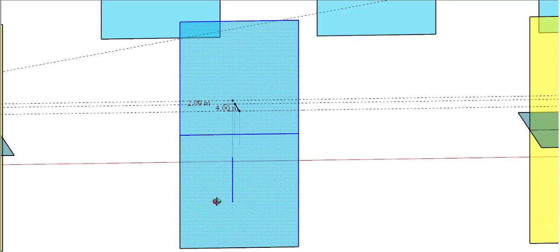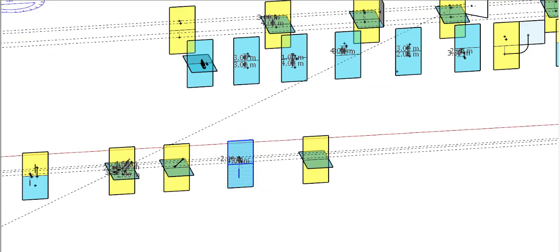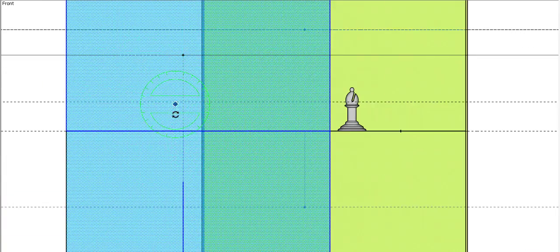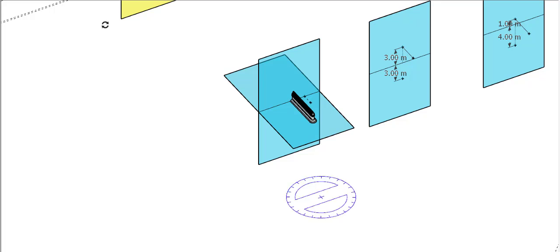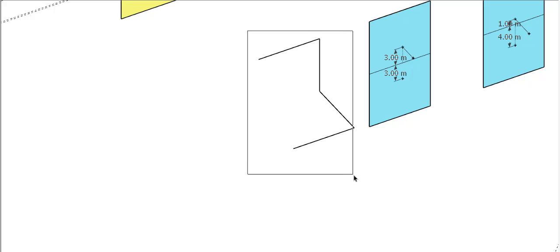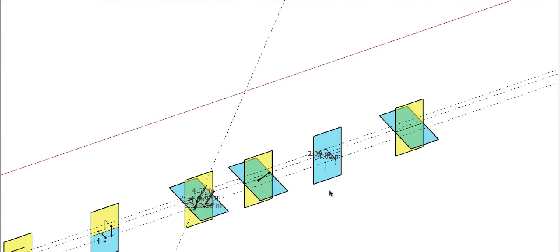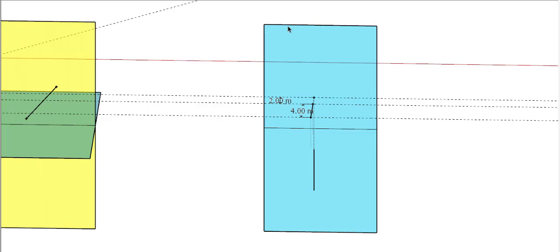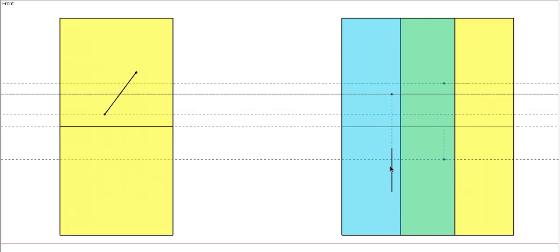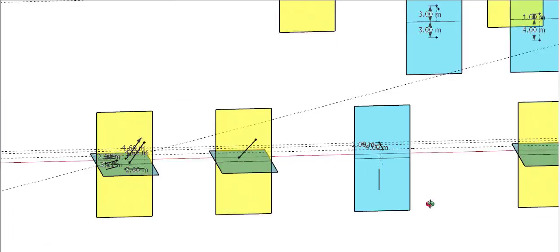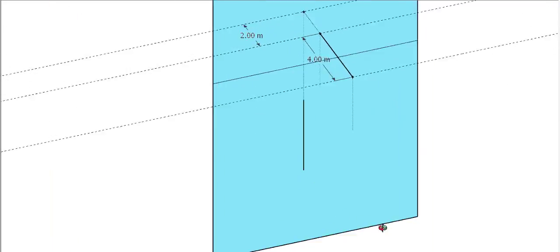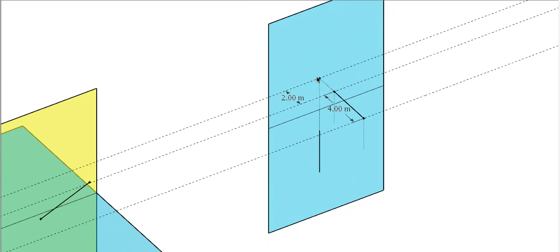Okay, so this is actually our front view. This is our front view in this case. Okay, so when we are talking about the vertical trace, we have the vertical trace here.